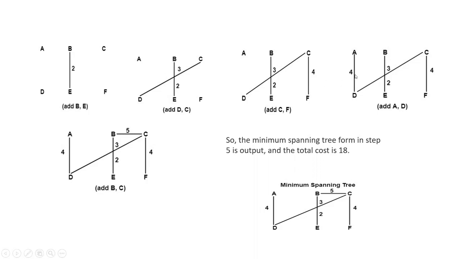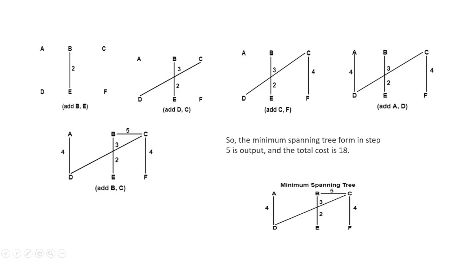Here first we add CF, then AD. Next minimum is 5, C to D.